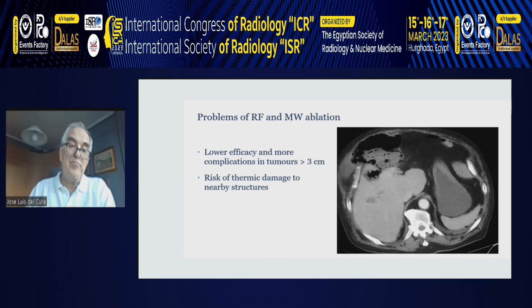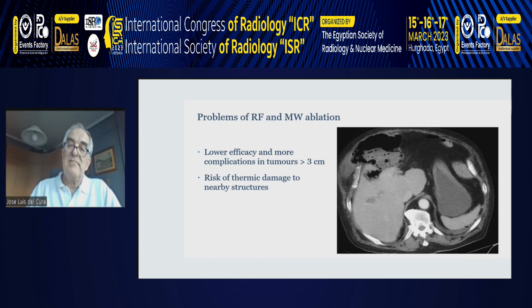Another problem is that the bigger the size of the lesion, the more possible the complications appear. Also, when performing ablation around any structures, for example, bowel or similar, it can cause thermic damage on these structures, and this is important to plan before performing the ablation to avoid these complications.